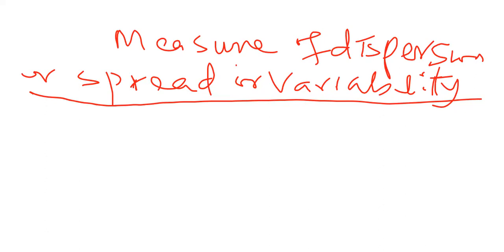There's what we call variance, which we have done one time, but in a different way. There's also standard deviation. So we're going to look at it when the data is ungrouped and when the data is grouped to find variance, mean deviation, and so on.